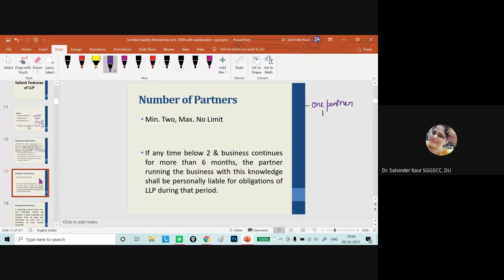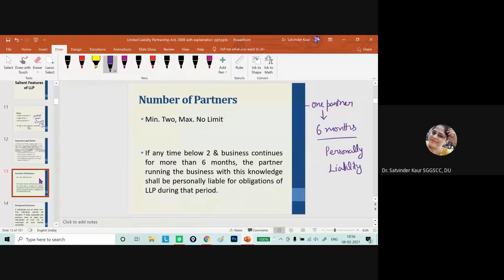But if this one partner carries out the business for more than 6 months, then in that scenario, the one partner beyond this 6 months period will be held personally liable. This is the exception for personal liability, a situation where the general rule of limited liability does not apply.